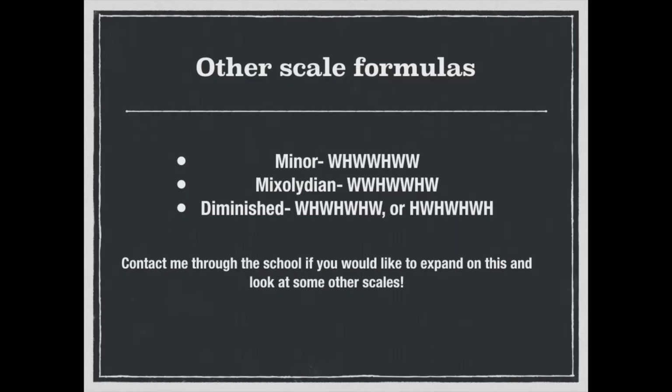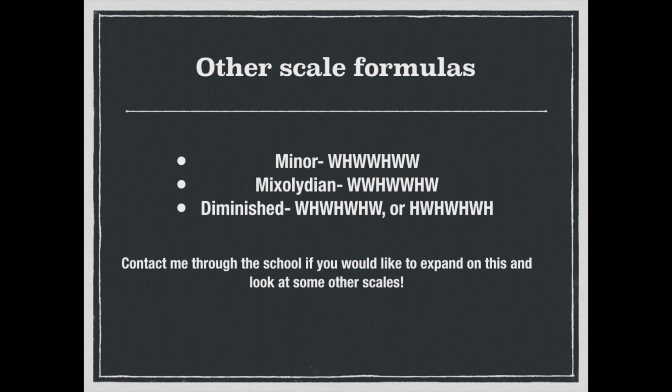Other scale formulas. Minor is whole, half, whole, whole, half, whole, whole. So if you wanted a minor scale, you would get that. Mixolydian is really great for going between a 1 and a 4 chord, or a 5 and a 1, which we'll get into more in a charting or mapping class.